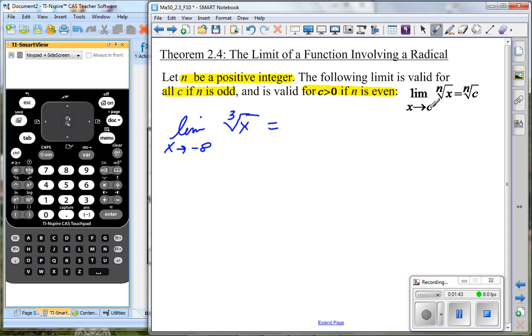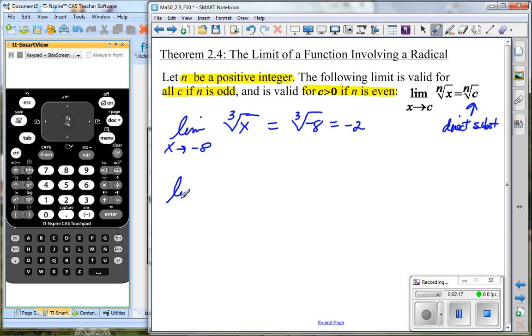Let me call your attention to the fact that the inputs are approaching this value c, and we are using direct substitution. So this would be the cube root of -8. Is that valid? Well, n, our root index, is odd, so it should be. The question is what number multiplied by itself 3 times is -8, and the answer is -2.